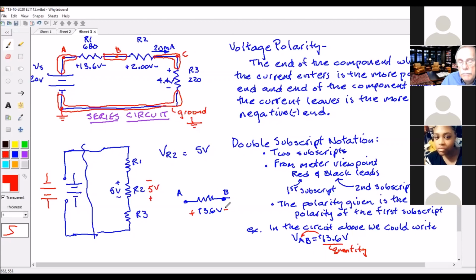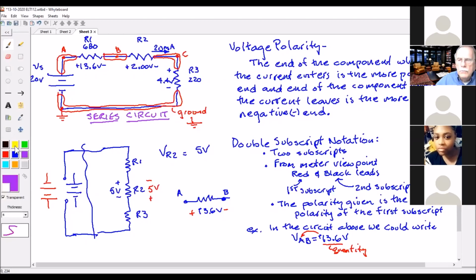If I just wrote V sub R1 equals 13.6 volts, I wouldn't know, is it plus on the left or plus on the right? I'd have to look at the circuit and figure it out. Here I'm telling you two things: the amount of voltage is 13.6, and the more positive end is at the A end.